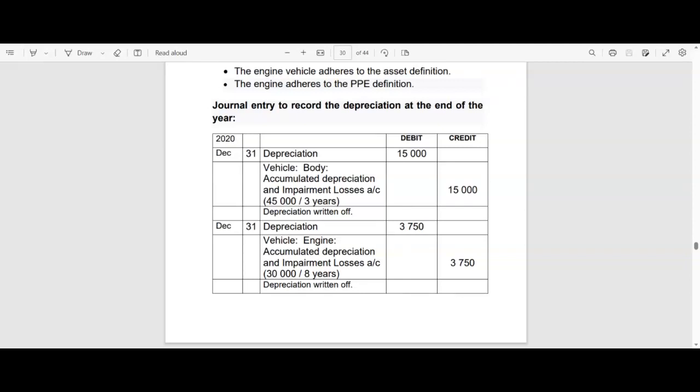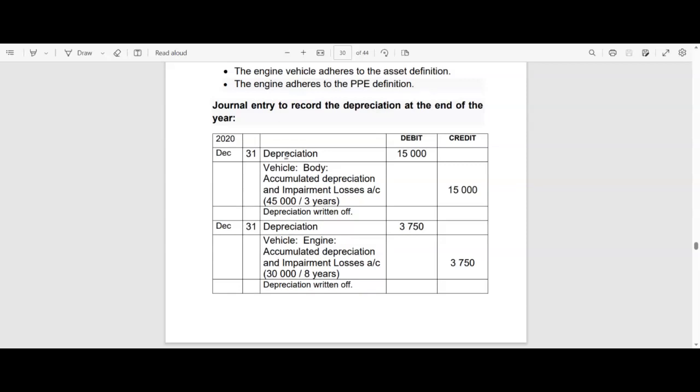Right, ladies and gentlemen. So we are going to remember our expense accounts. Our expense accounts and our income accounts are closed off at the end of the year. They're closed off to our profit and loss account. Whereas our so-called balance sheet accounts or statement of financial position accounts, their balances get carried forward from one year to the next.